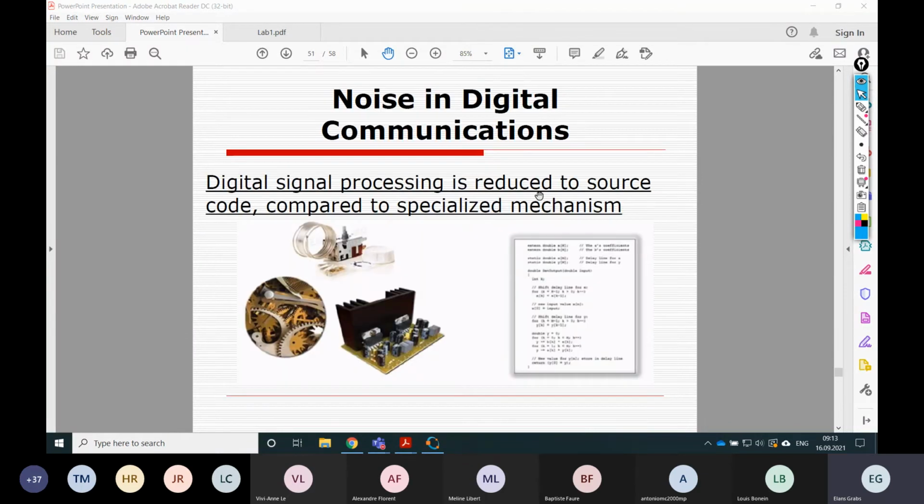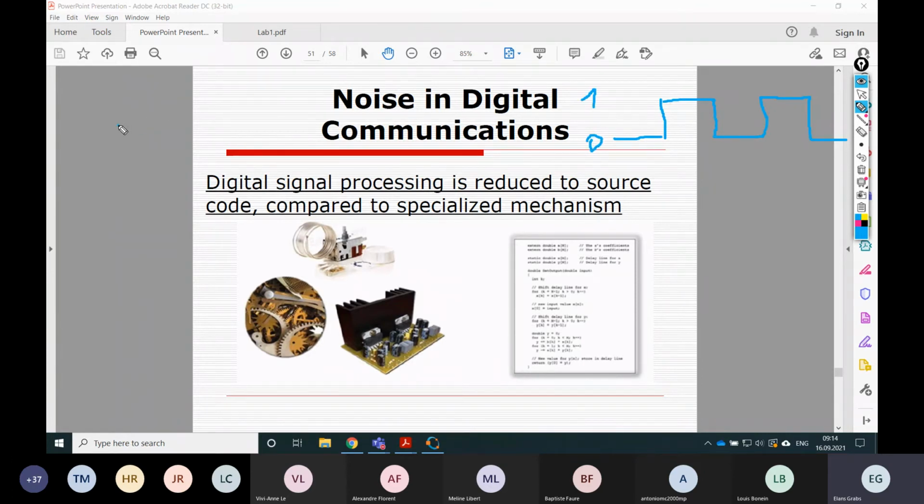On the other hand, in digital communications, we can use digital signal processing, and our signal is, in this particular case, either 0 or 1. We can always make a clean copy without noise and send it further, because we are sure that there is only either 0 or 1.